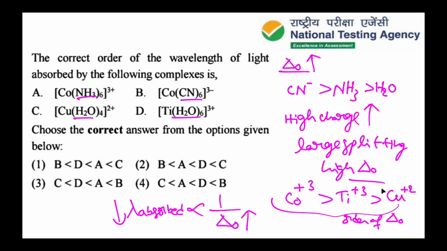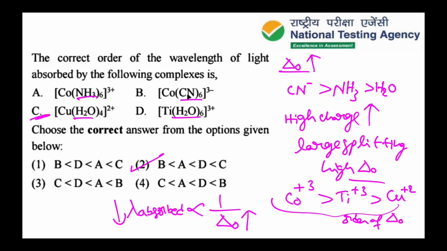So the least delta O is copper. So option C will absorb more wavelength. After that titanium, after that cobalt. So C, then D, then A, then B. So option 2 is the correct representation.